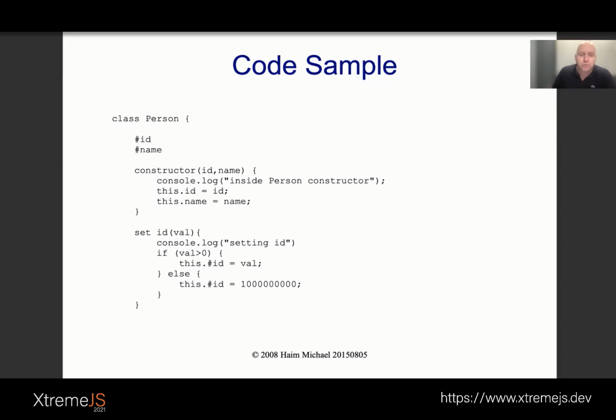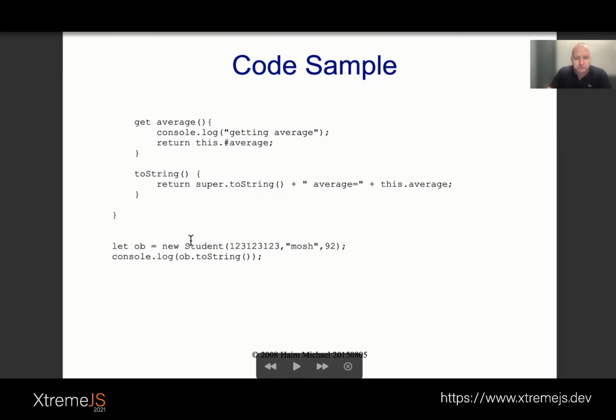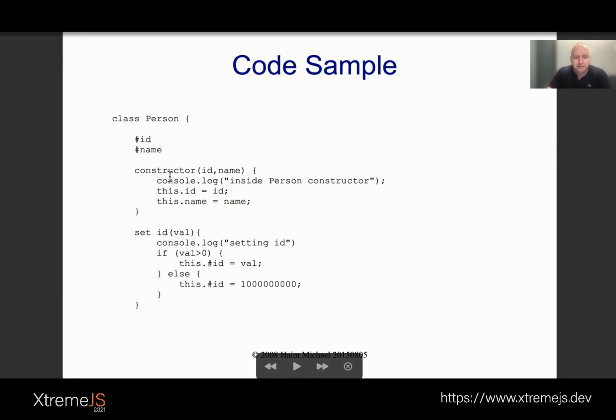So later, even here in the constructor, when you try to assign a value to this.id, you actually invoke this function, which is the setter part of the so-called classic property whose name is ID.